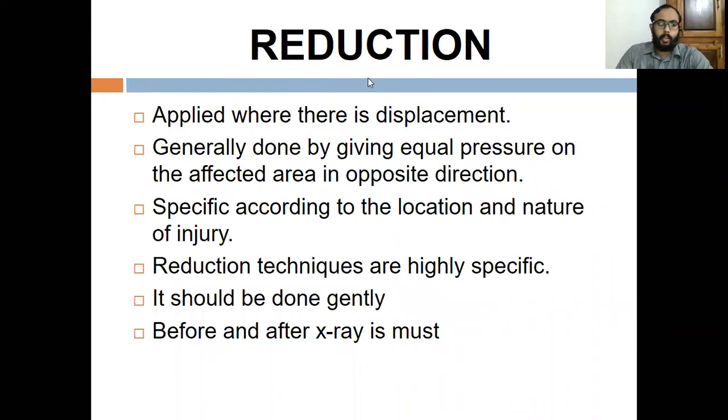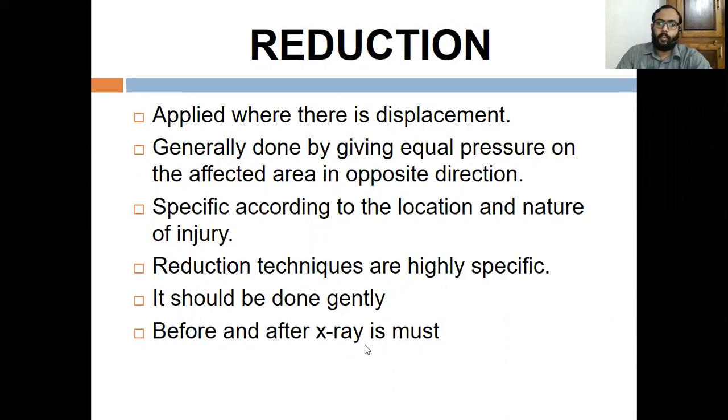And regarding reduction, first you should keep in mind that reduction techniques are highly specific and should be done gently. They are specific to each particular displacement, and specific to each particular joint.